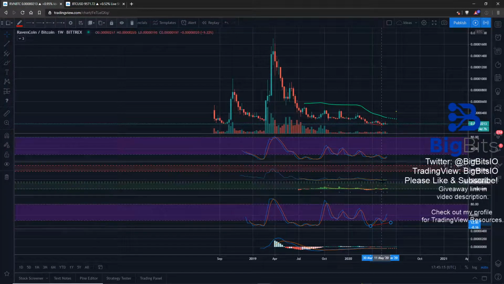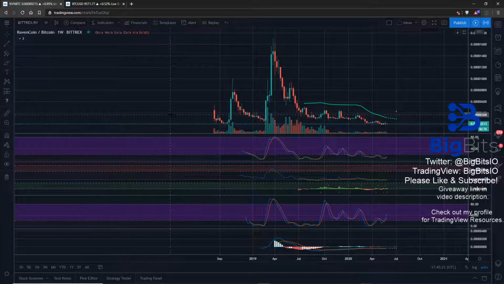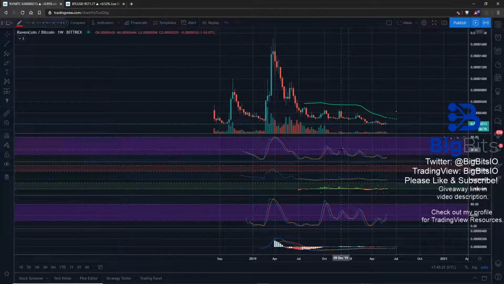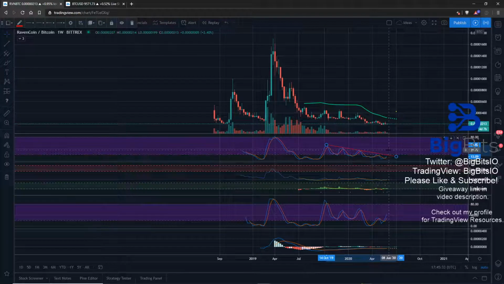Your RSI seems to have flatlined. Like a lot of altcoins, it seems like a pretty decent time to DCA versus Bitcoin. And one thing that is really interesting about this one is that it actually has this trend down on the stochastic. So if it breaks that, it could go up quite a bit.